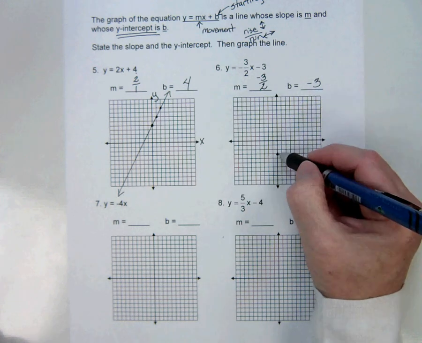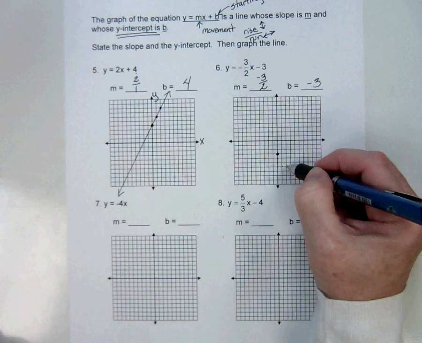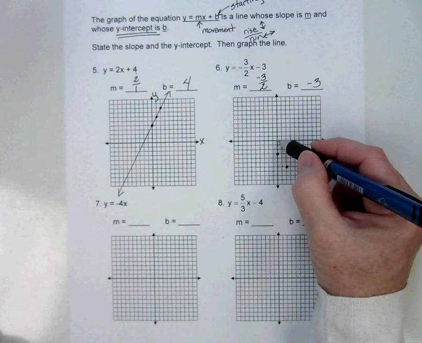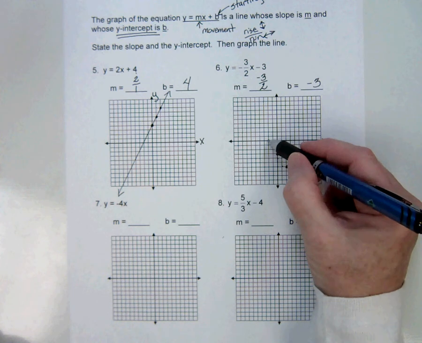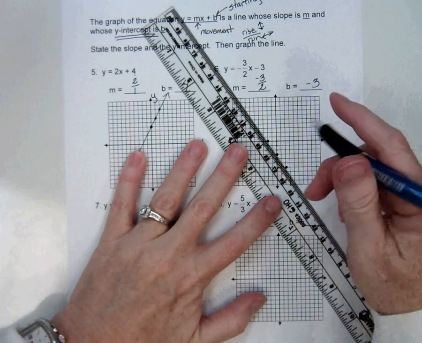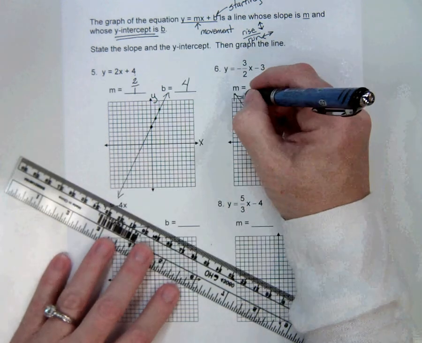You will make the movement of a negative 3 over a positive 2. Again, you can think of it as going a positive 3 over a negative 2. Two more examples.